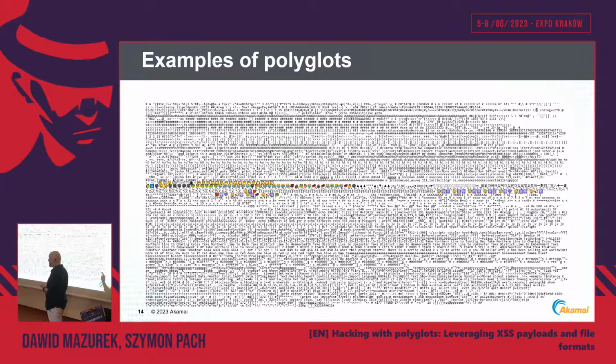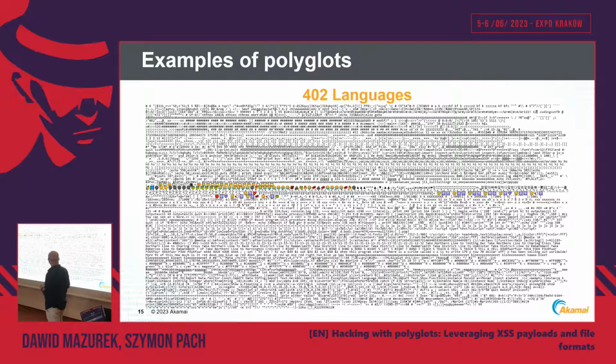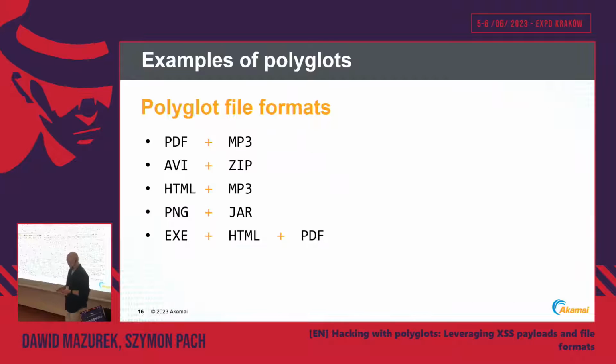Can you guess how many languages that is? It's 402 languages, which means this can be run in 402 languages, and if you run it as Python, it will print 1, if you run it as V, it will print 2, and so on until the 402nd language, which is, who knows, I don't remember.